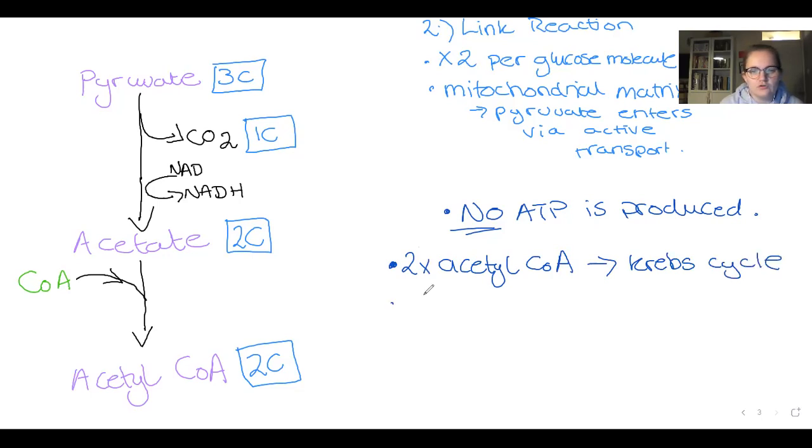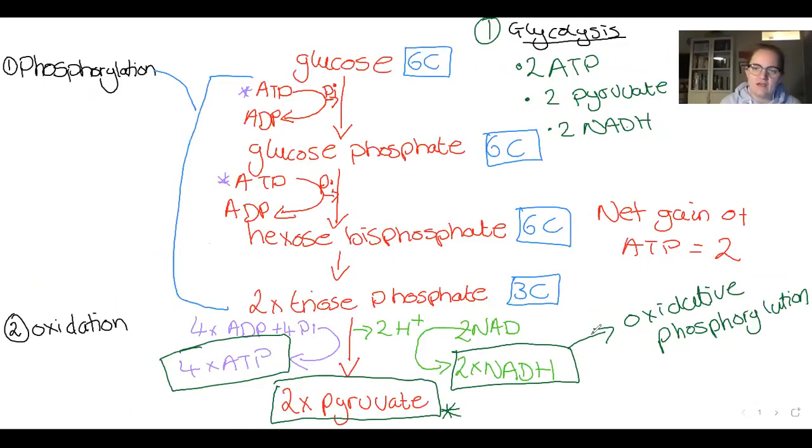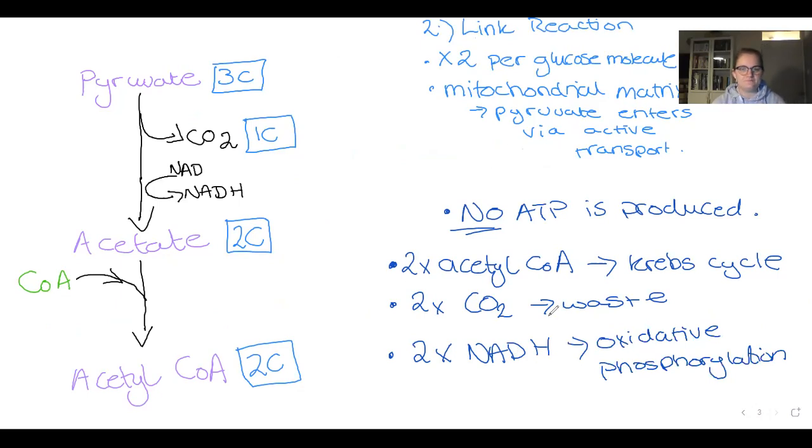We have got 2 lots of carbon dioxide, which is going to be waste. And we have got 2 lots of reduced NAD, which is going to be used in oxidative phosphorylation, along with that original reduced NAD back in glycolysis. So we've got that one that's going to get used there, those 2 there, and these 2 that are going to get used as well.